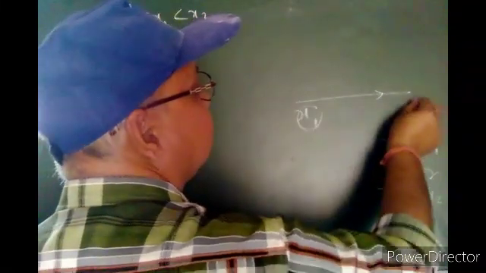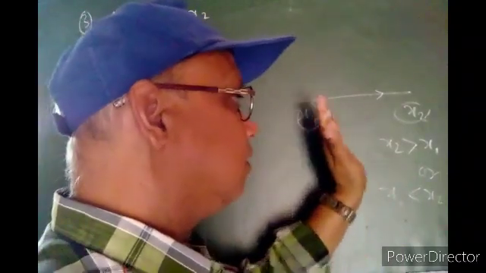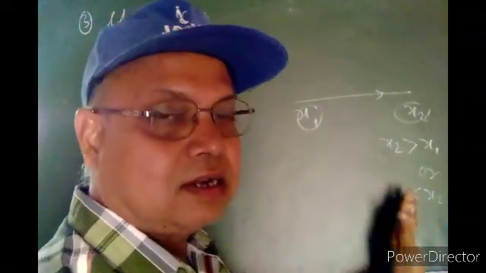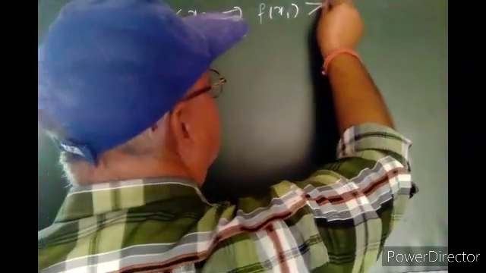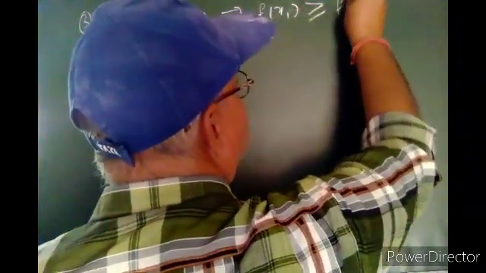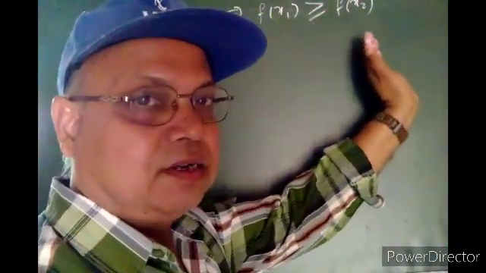This is smaller, this is greater. This interval will be the same for increasing and decreasing both. Therefore, if x1 less than x2 implies that f(x1) is greater than or equal to f(x2), this type of function is called a decreasing function.